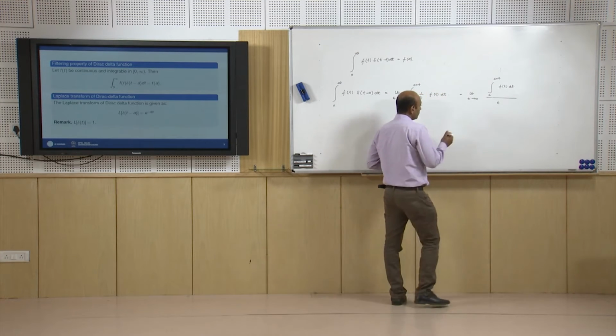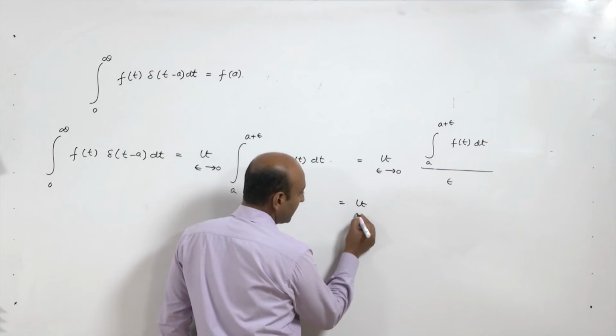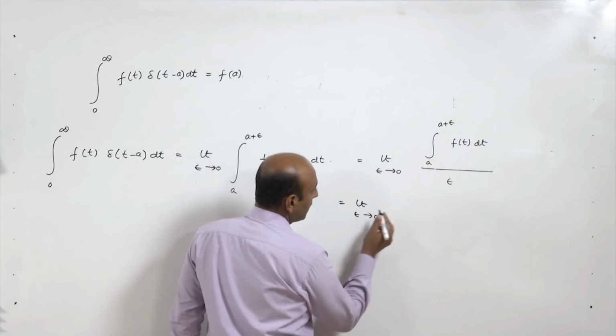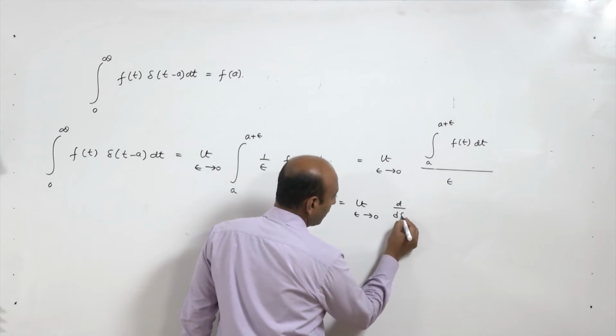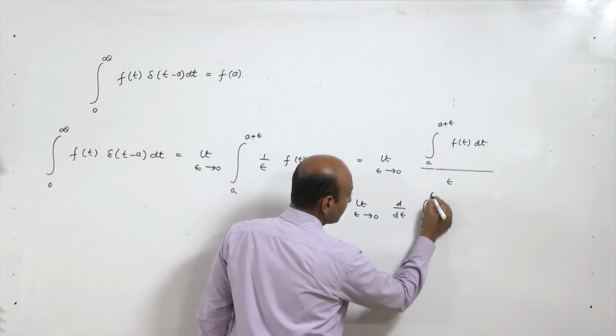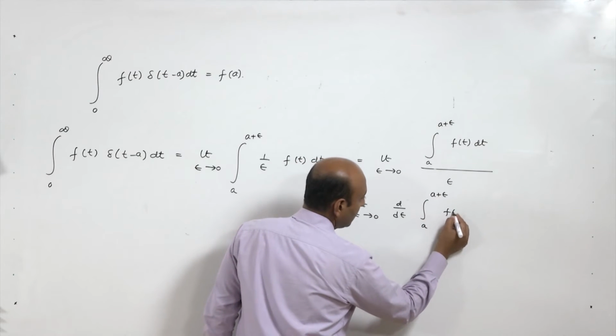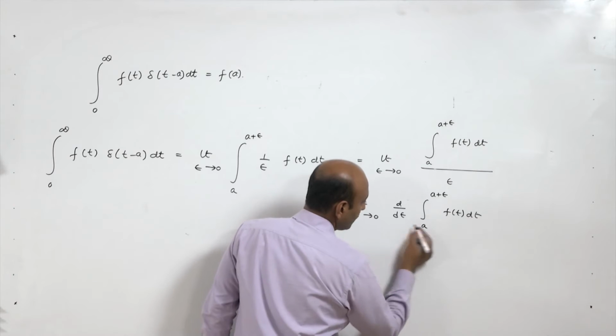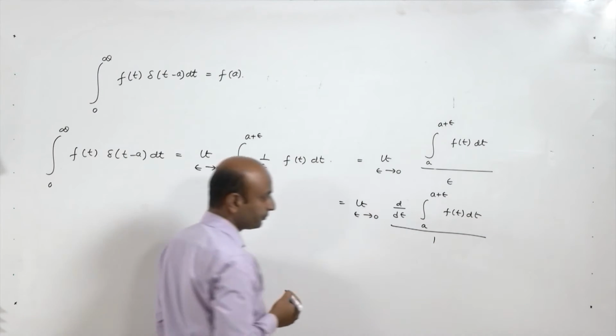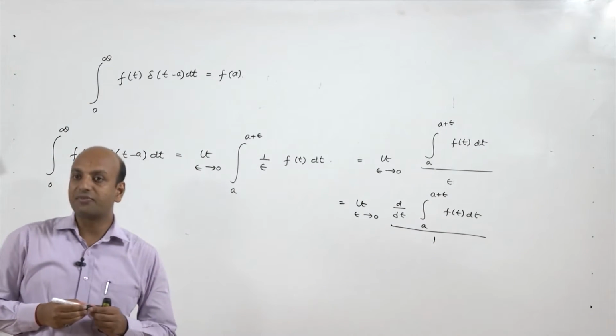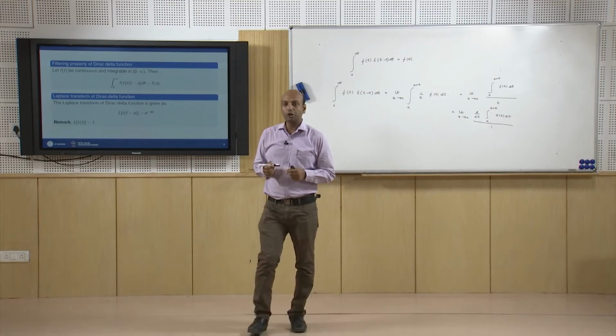So, it is equal to limit epsilon tends to 0, d by d epsilon of integral a to a plus epsilon f(t) dt, upon 1. We differentiate with respect to epsilon in the numerator as well as in the denominator.